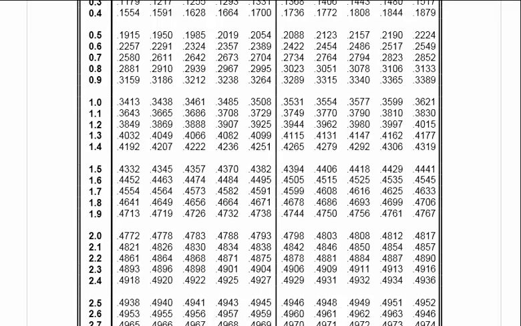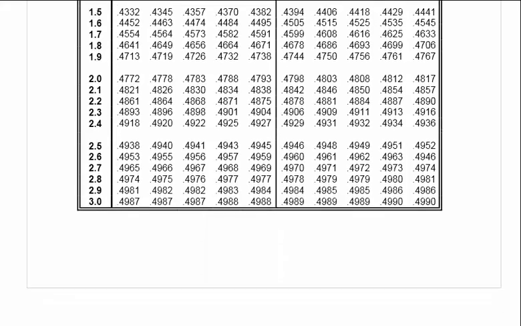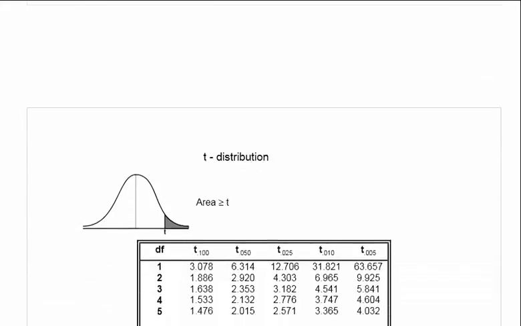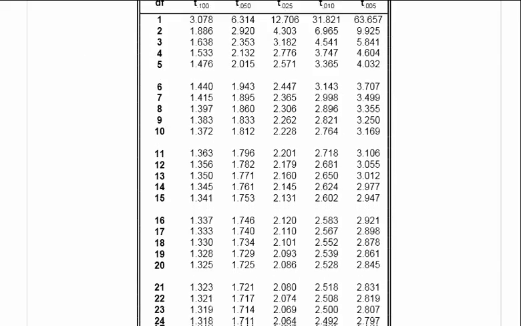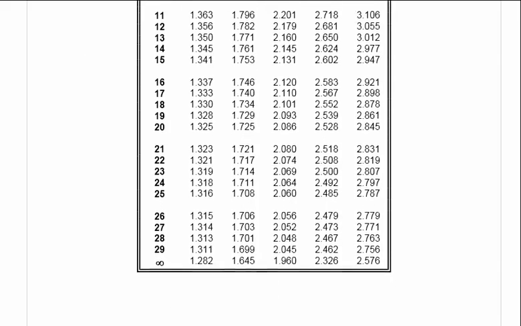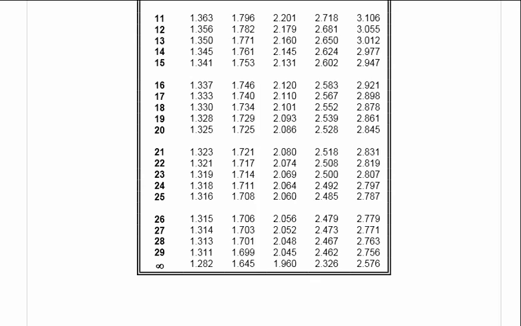One way to do that is you can use the z table, but if you look at the second page of the tables I gave you, it says t distribution. We'll talk about that in a minute. But the very last row of the t-distribution, down at the bottom of the t-table, some tables have infinity, some tables will even put a letter z.